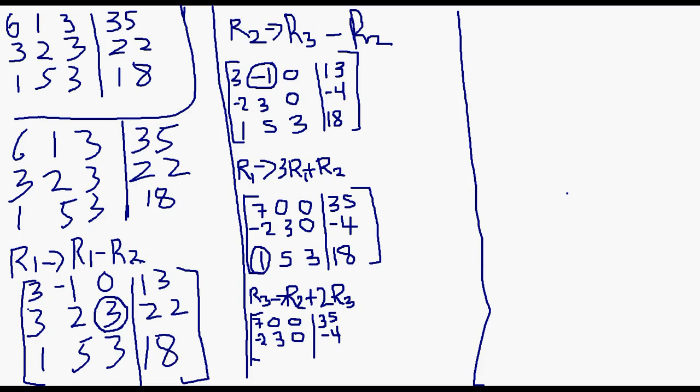So row 2 here is -2 plus 2 times 1 will give us 0 here. And then row 2 here is 0. Hey, row 2 here is 3. 3 plus 2 times this will give us 10. So 3 plus 10 is 13.